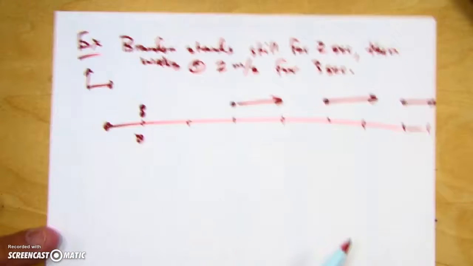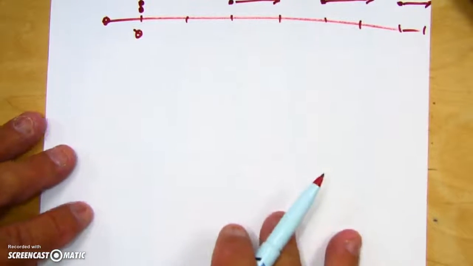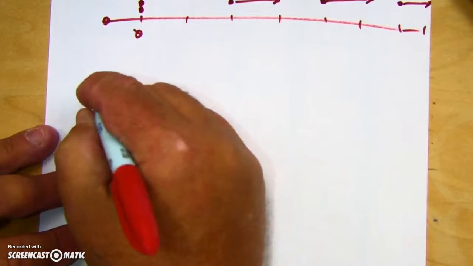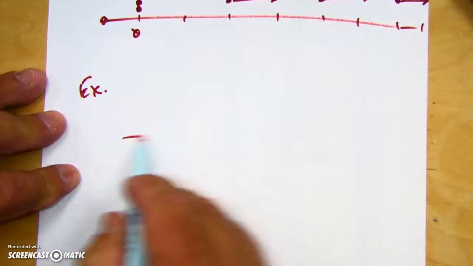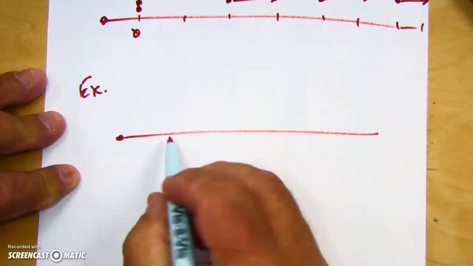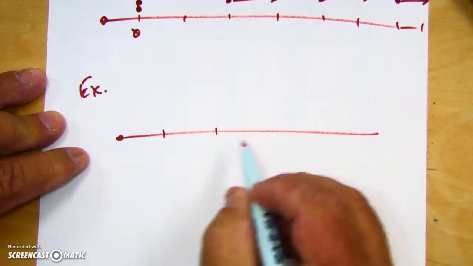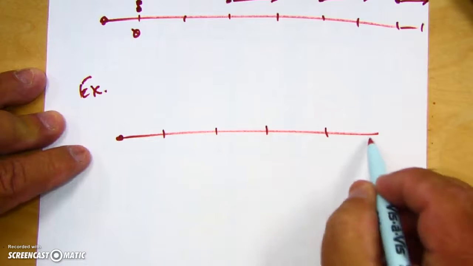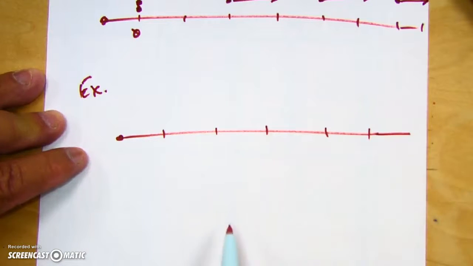So let me give you one and see if you can figure this one out. I want you to put your wonderful brain to work on this one. I want you to see if you can figure this out.